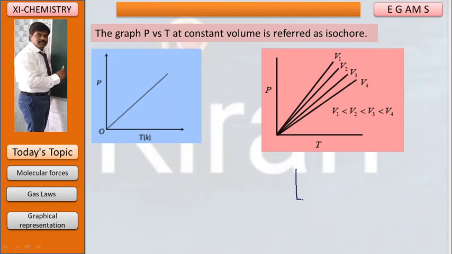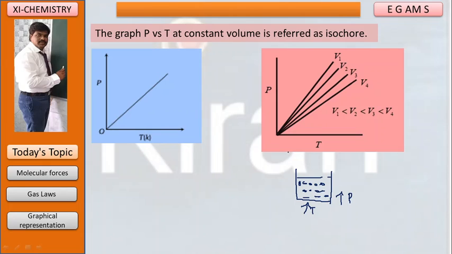These are the gaseous molecules. When you apply heat, all the gaseous molecules collide with each other and with the container, and then pressure increases. For any gas, when temperature increases, pressure also increases.